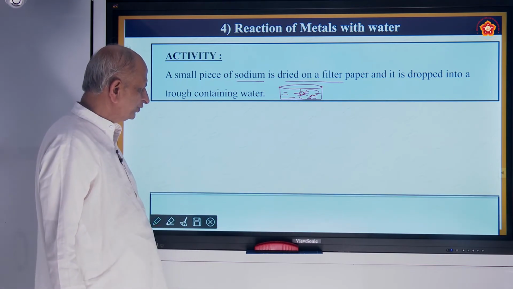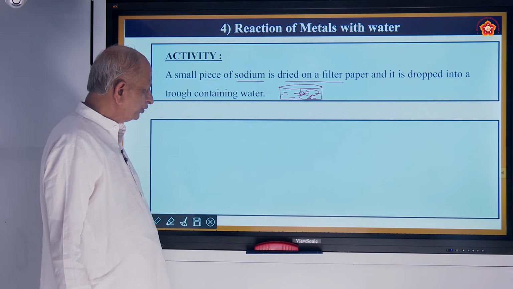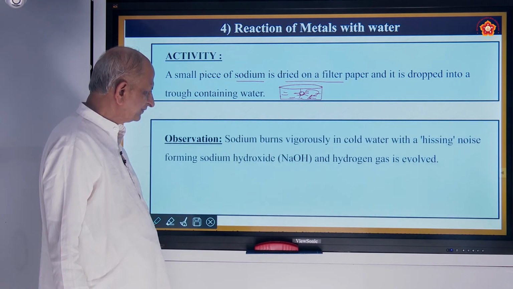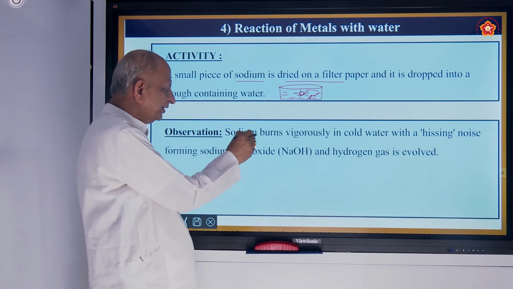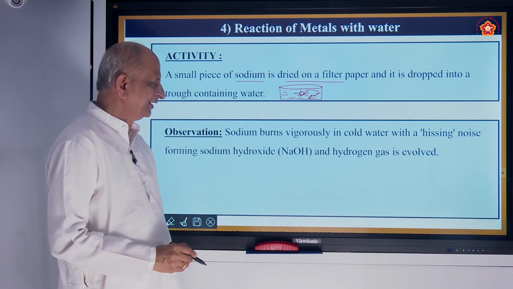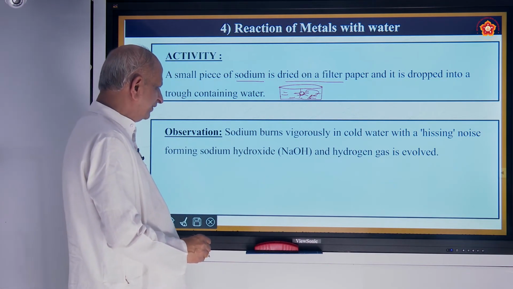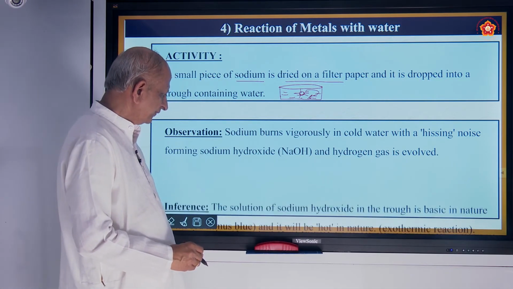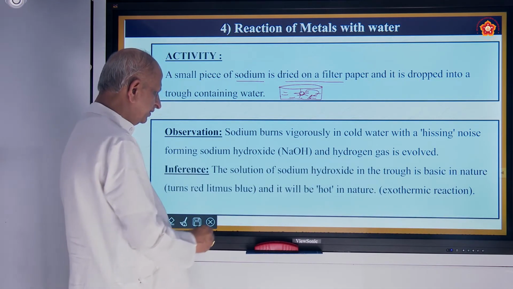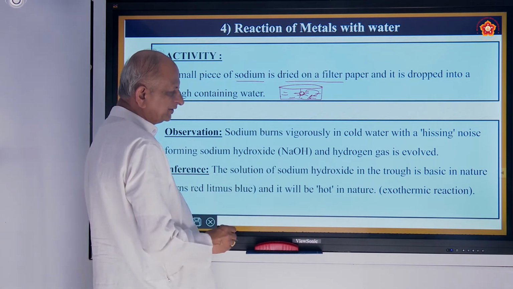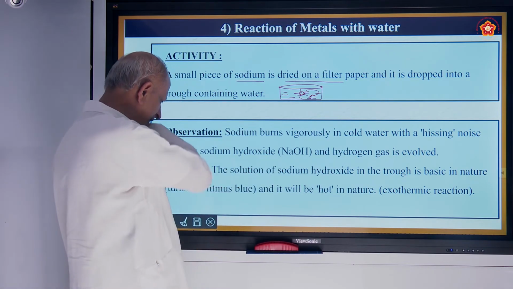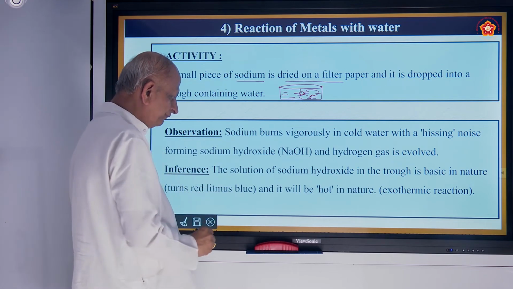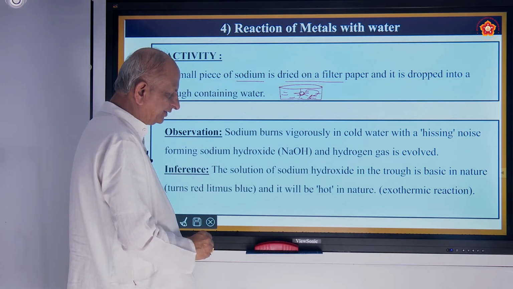And what does it produce? It produces hydrogen gas. So sodium burns vigorously in cold water with a hissing noise, forming sodium hydroxide, and hydrogen gas is evolved. The solution of sodium hydroxide in the trough is basic in nature and turns red litmus blue.